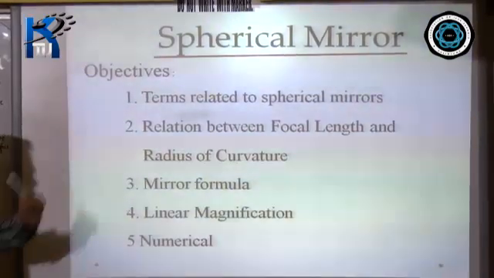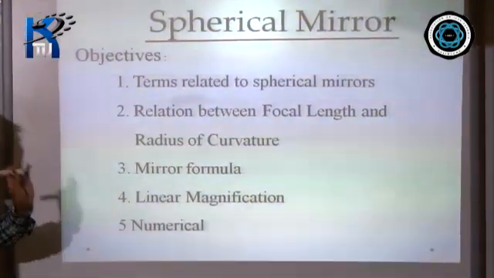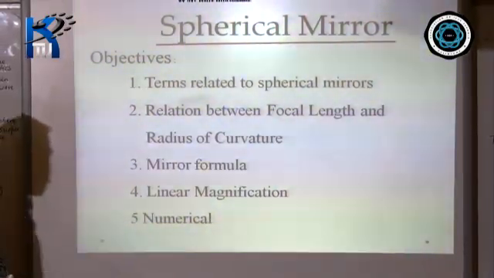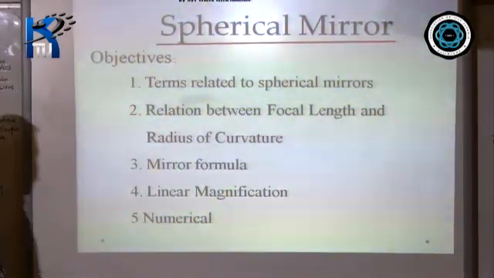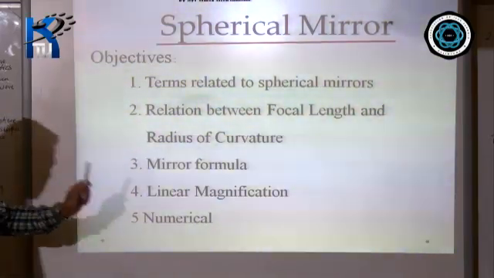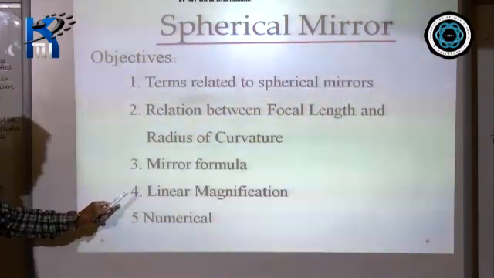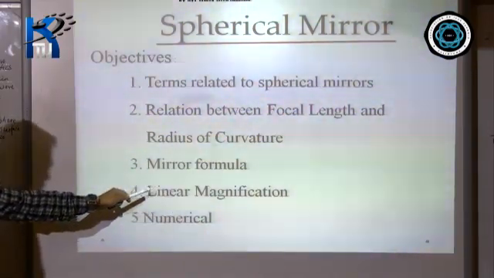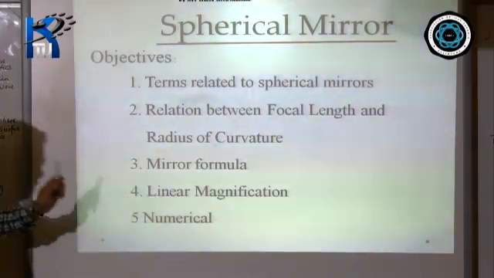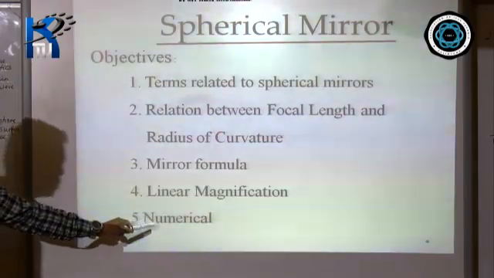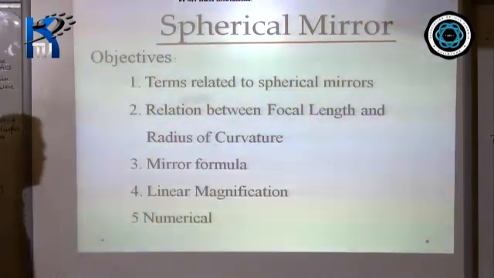These are also terms. Next is a very important formula that we derive in spherical mirror, a formula with object distance, image distance, and the focal length of a mirror, and that is called the mirror formula. The second last is linear magnification. So we discuss linear magnification also, and lastly we do the numericals. Certain important numericals are there that we also do in this chapter.